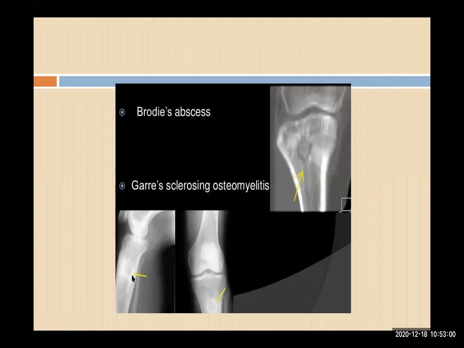What are the differences here? If a clear-cut cavity is seen, and if we can aspirate pus or some gelatinous, mucopurulent material, it is Brody's abscess. In Garre's sclerosing osteomyelitis, there is no pus or collection. So we can go for those types of tests if we are confused.